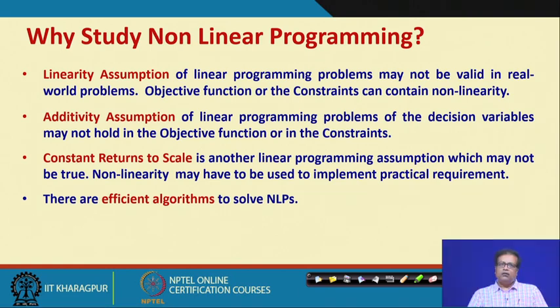But sometimes we see that the profit is something for 1 unit, but it might rise exponentially for more units. In that case x squared is a better function than x. That brings nonlinearity as well. There could be another reason for studying NLP: efficient algorithms are available for NLP problems, right.